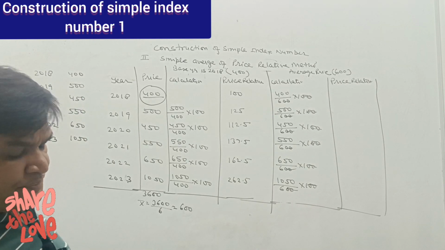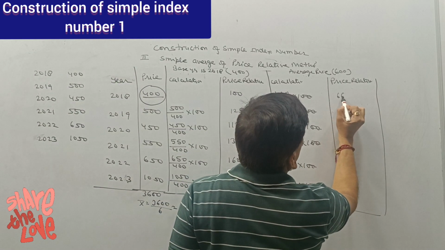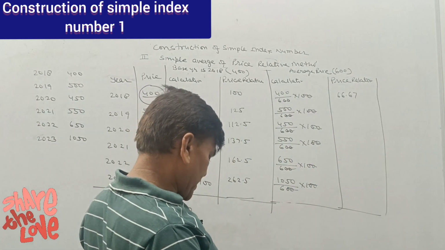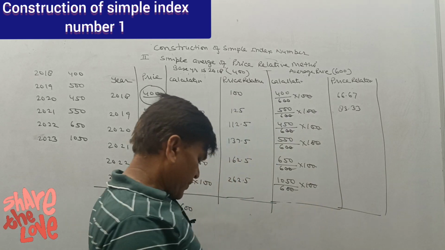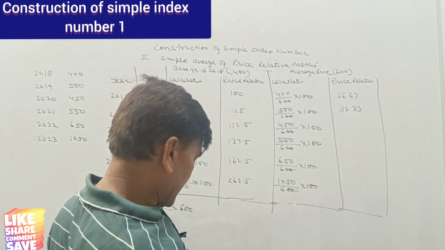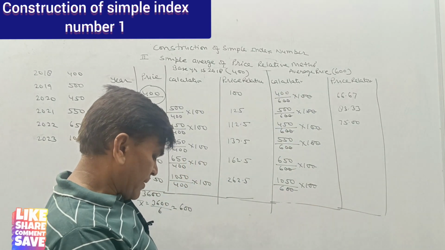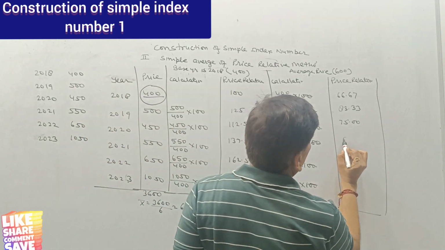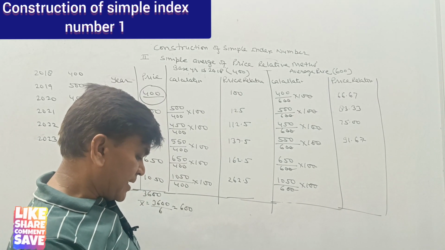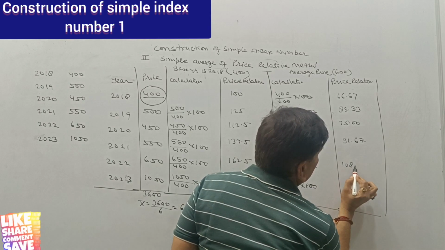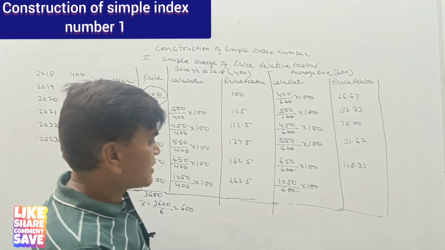So first one will be 400 divided by 6, that is 66.67 relative. 500 divided by 6, that is 83.33. 450 divided by 6, that is 75. 550 divided by 6, 91.67 relatives. 650 divided by 6, that is 108.33, and 1050, 175.